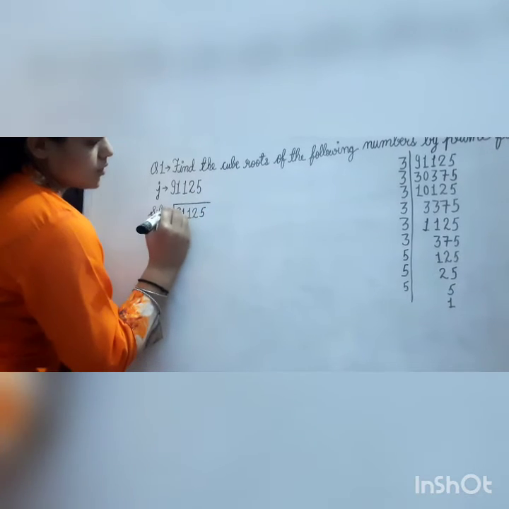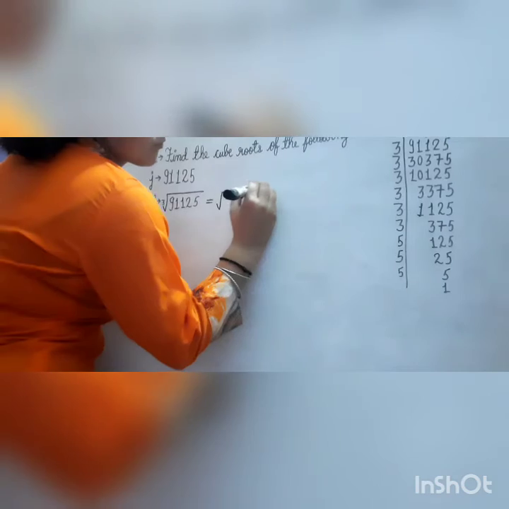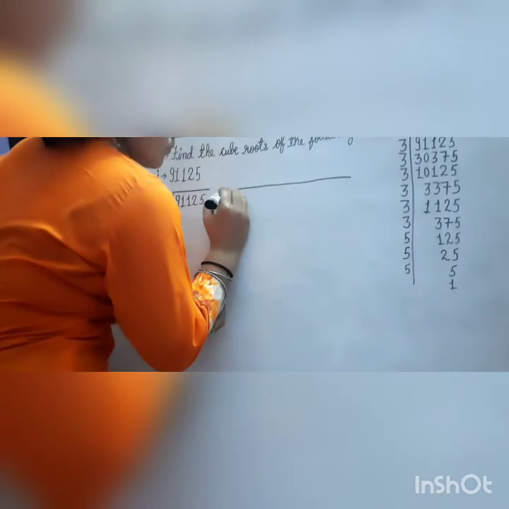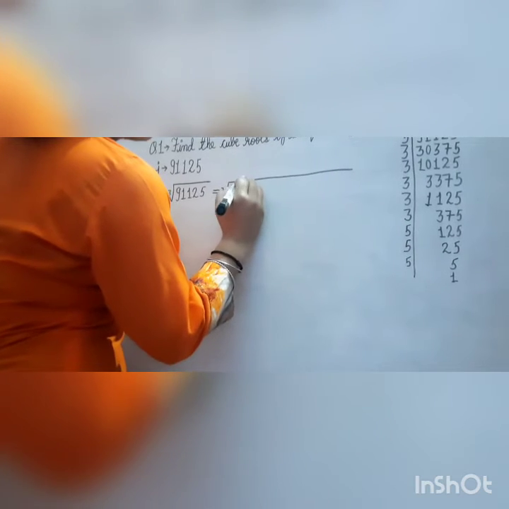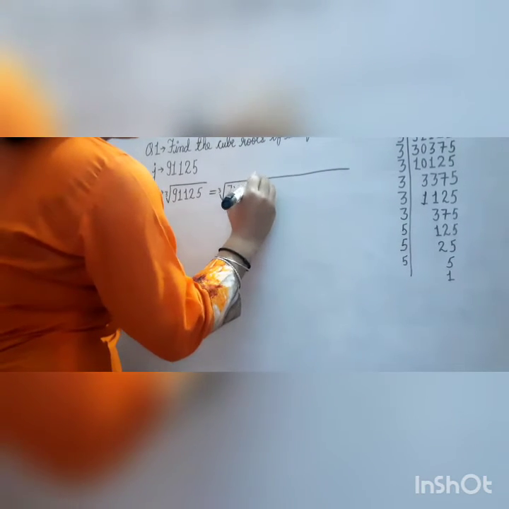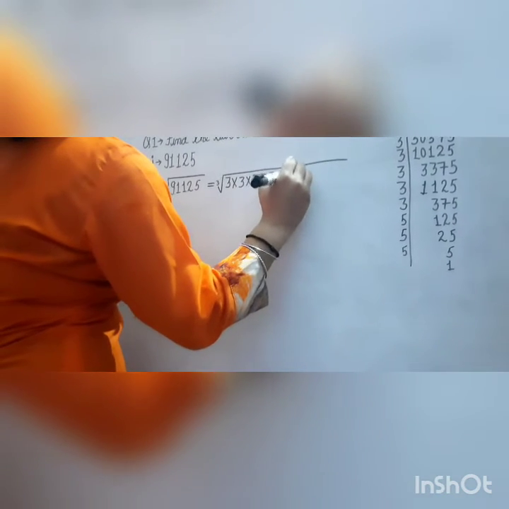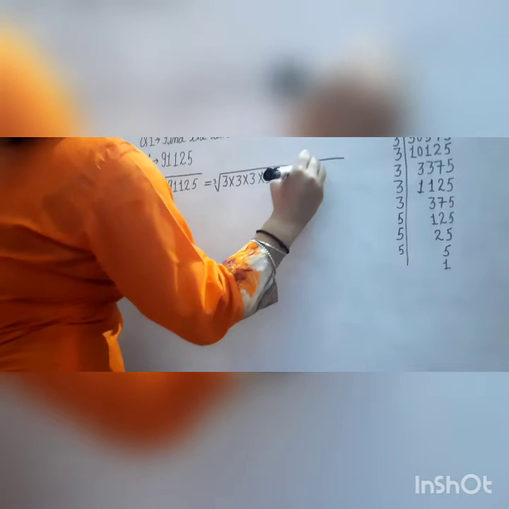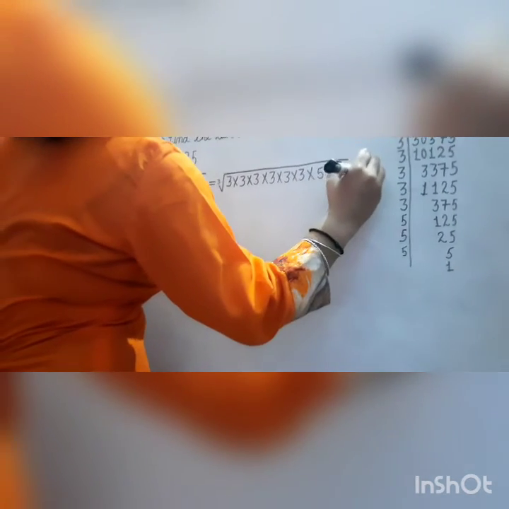91,125 equals 3 multiply 3 multiply 3 multiply 3 multiply 3 multiply 3 multiply 5 multiply 5 multiply 5.